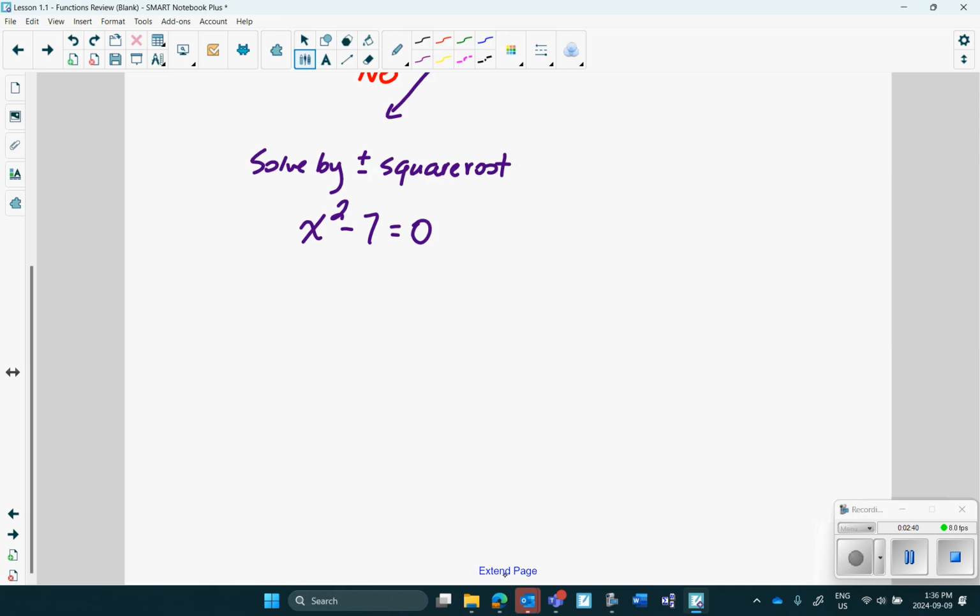So move the negative 7 over to make it x squared equals 7, and then just take the positive and negative square root of whatever number. That's it. You don't see that very often, but it's a pretty straightforward one.